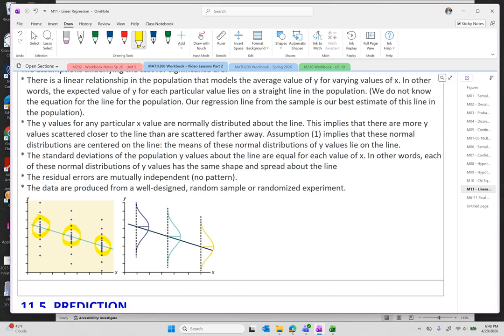But the majority of the data, based on the empirical rule, are very close to the mean value of y estimated for that particular value of x.